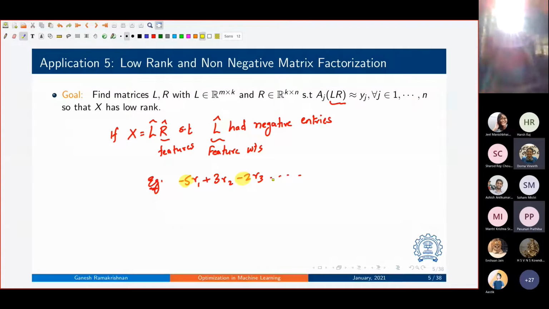The question is, can we avoid them? Maybe it's possible to reduce the 3R2 to 2R2 by making the weights of R1 and R3 to be 0. Okay, so that's the whole intention here. Can we avoid such negative entries?